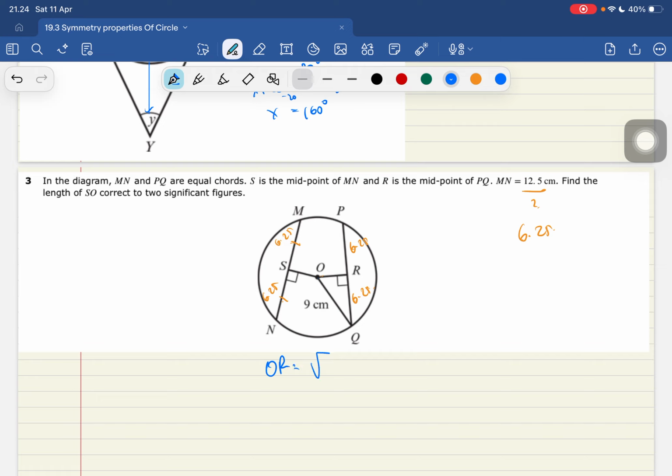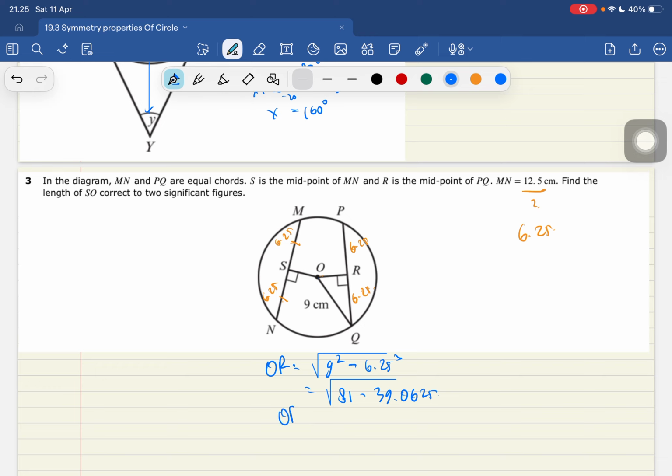So the hypotenuse is 9, so we make it 9 squared minus 6.25 squared. So we continue. Here's 81, minus 6.25 squared, which is 39.0625. So 81 minus 39.0625 is 41.9375.